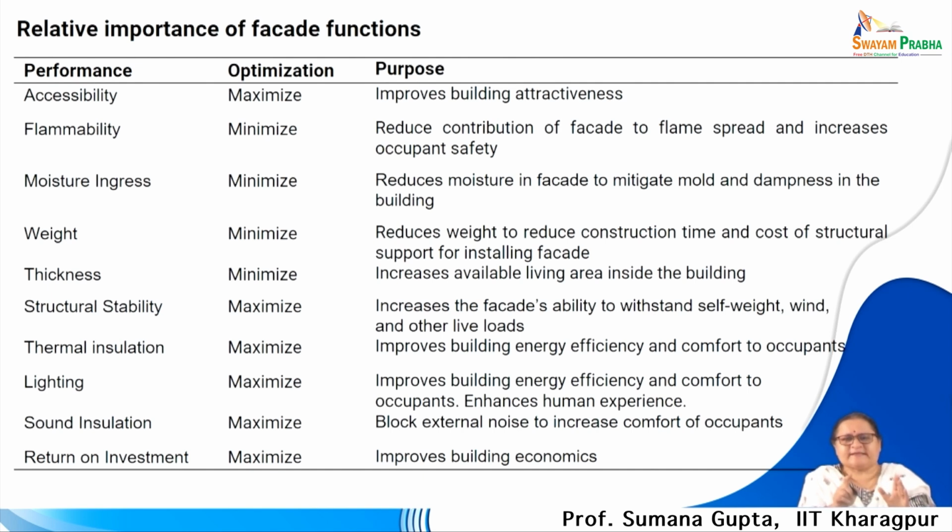So, the facade functions are to be looked into, because we cannot give importance only to the aesthetic purpose or only to the structural stability, but we have to make a choice based on safety also. We have to look into the relative importance of the functions and then make an appropriate material selection. And you can see the flammability has to be minimum. In our context, the flammability has to be minimum, which is our key concern towards the subject we are discussing.